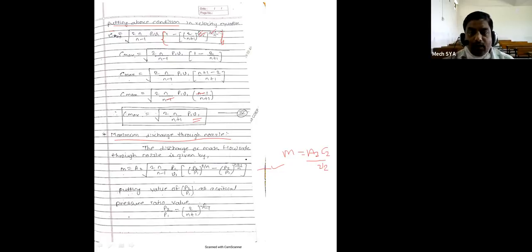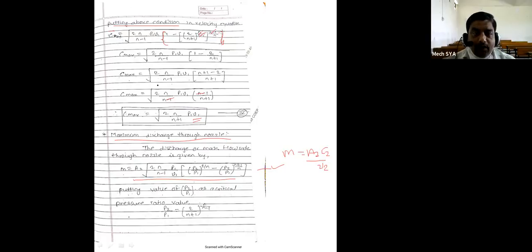And the final step of that equation was m is equal to A2 into square root of 2n upon n minus 1 P1 upon V1 into bracket P2 upon P1 raised to 2 upon n minus P2 upon P1 raised to n plus 1 upon n. So this we have solved here.